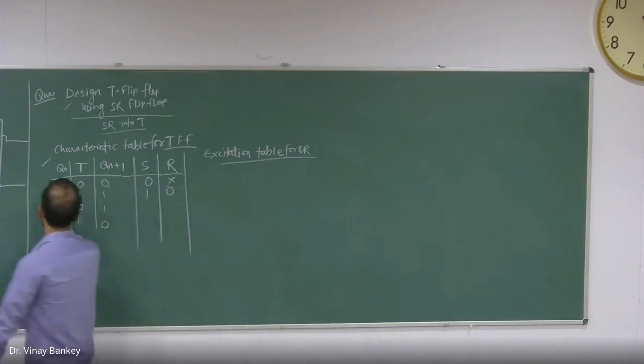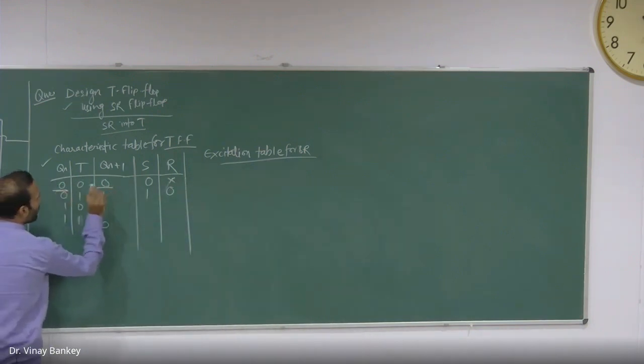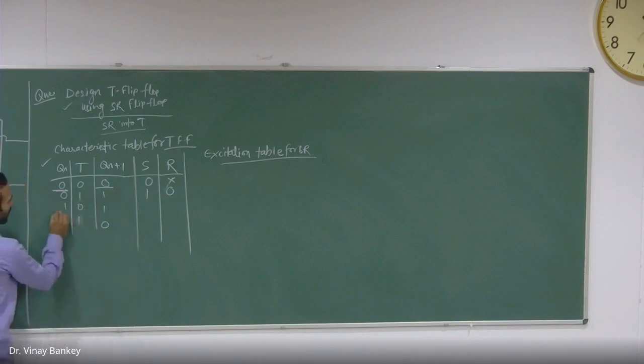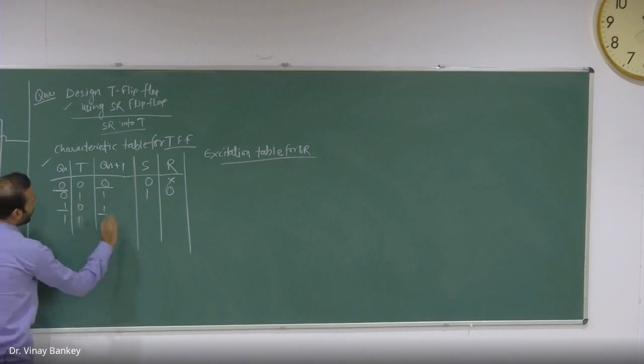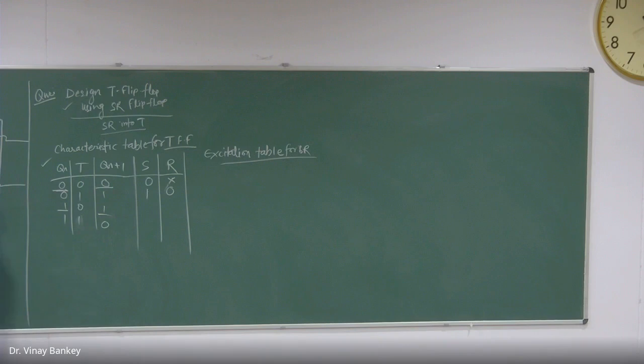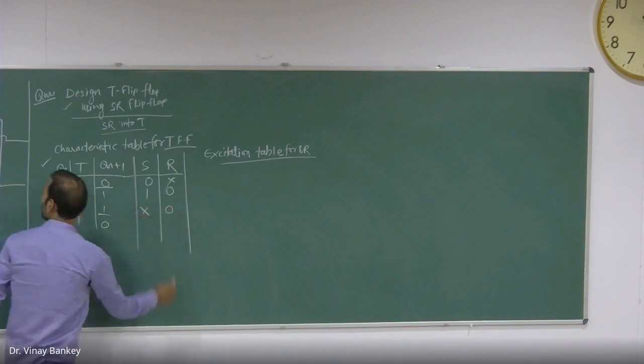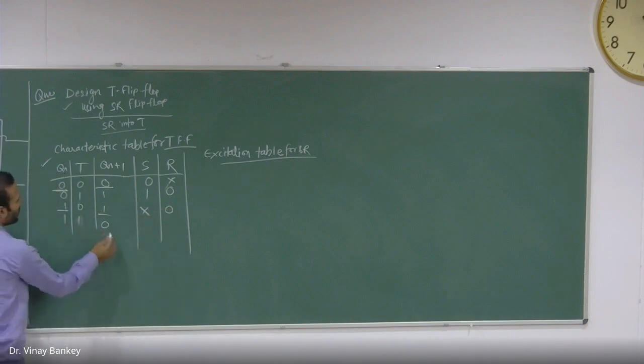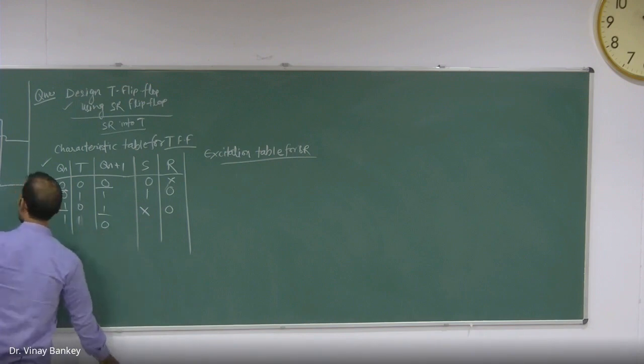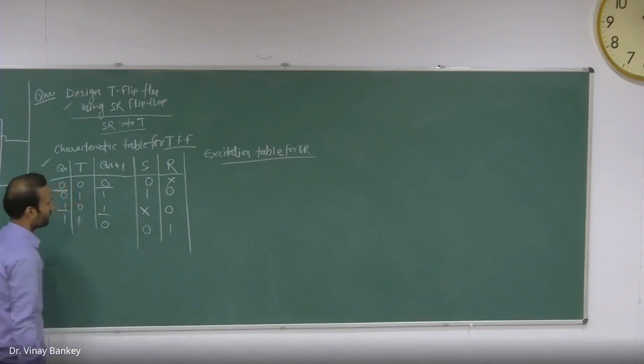We'll compare this one. This is Qn and Qn plus 1. Now Qn was 1 and Qn plus 1 is also 1. So this table says that the excitation for this combination will be cross and 0, and for 1 and 0, 0 1.